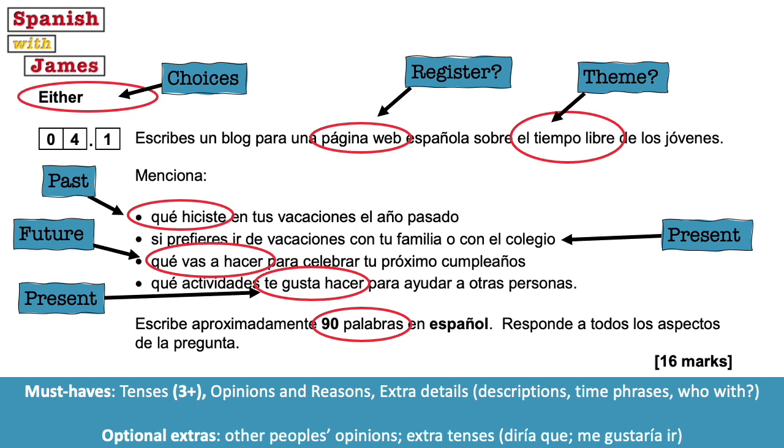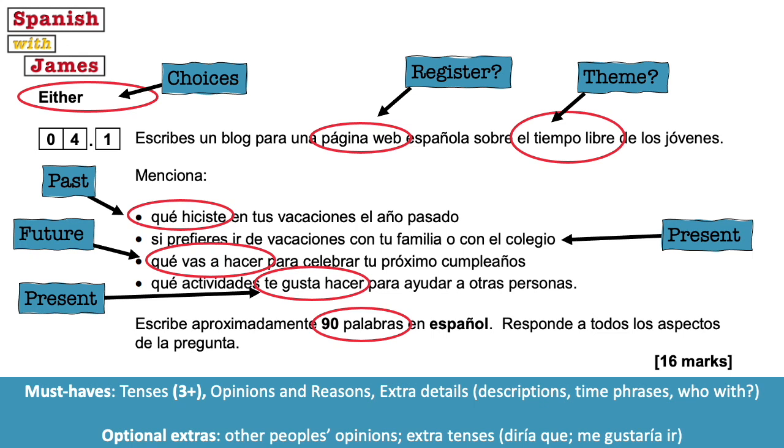So if you said, el año pasado voy a ir a España, so last year I'm going to go to Spain, it's a bit confusing, but the examiner can see, okay, you've said last year, so you're probably trying to say I went, so it won't lose you quite as many marks. So it's kind of like it backs you up a bit.